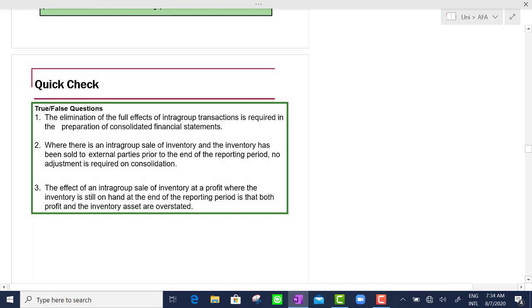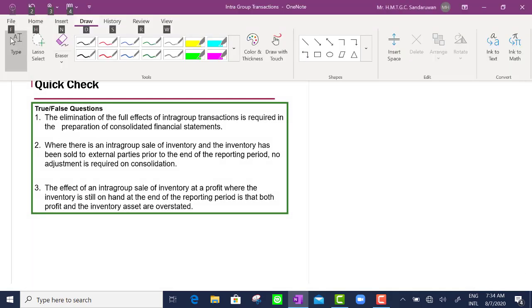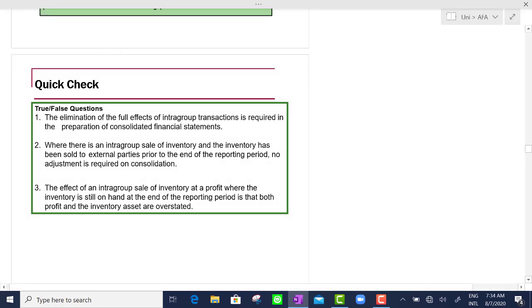True or false question, right? The elimination of the full effects of intra-group transactions is required in the preparation of consolidated financial statements. The elimination of full effects.